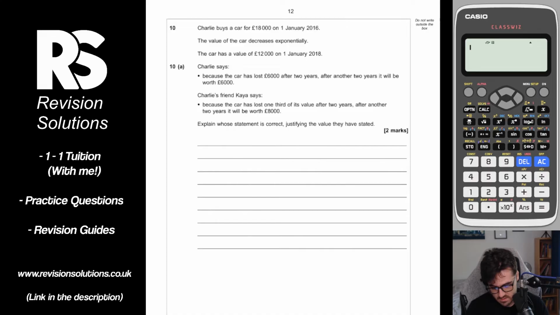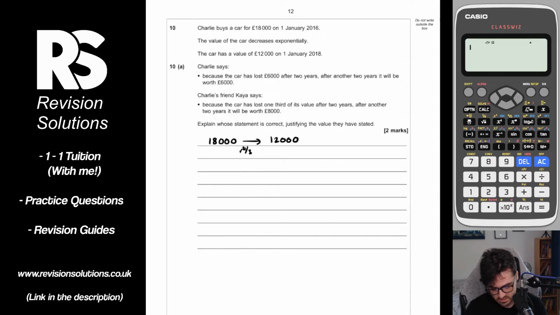So to put that into practice, if we lose 1/3 of the value from 18,000, so timesing by 2/3, that does give 12,000.